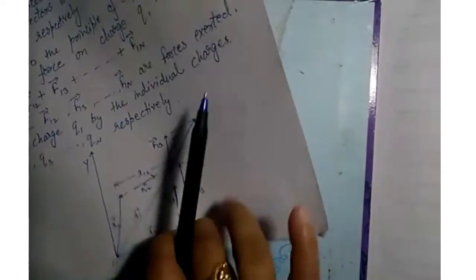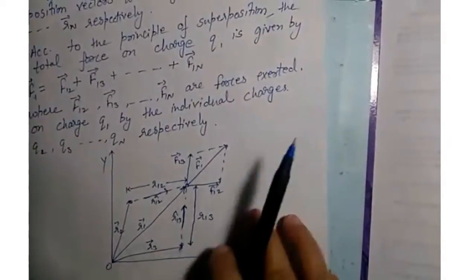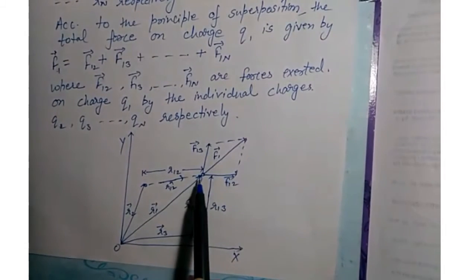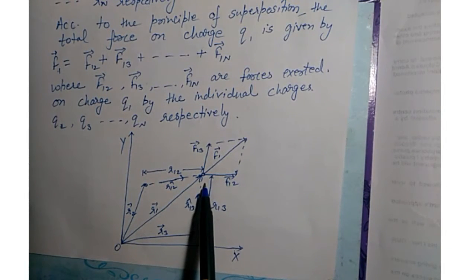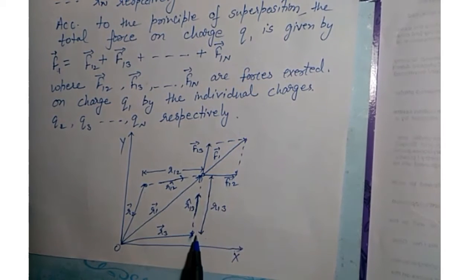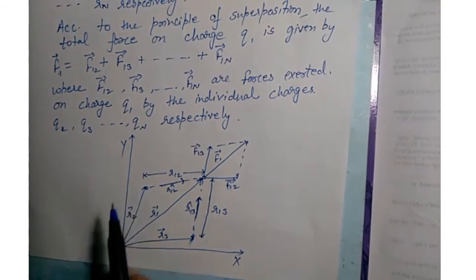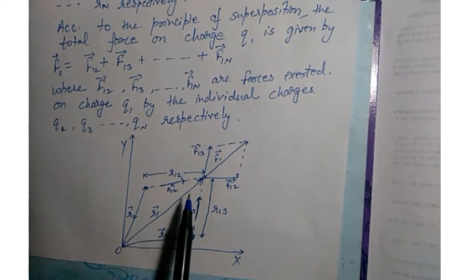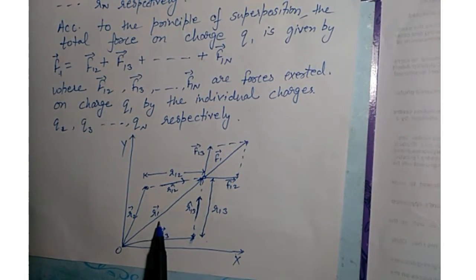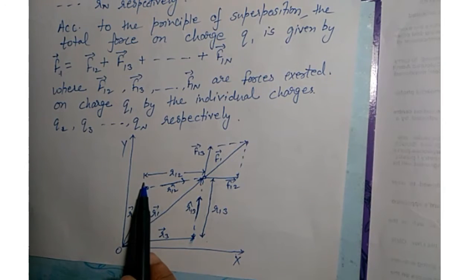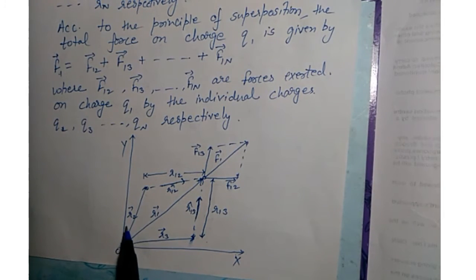So here in this figure, we have this charge Q1 at this position, another charge Q3 at this position, and the charge Q2 at this position. This charge Q1 is at a distance R1 from the origin. Charge Q3 is at a distance R3 from the origin, and similarly charge Q2 is at a distance R2 from the origin.